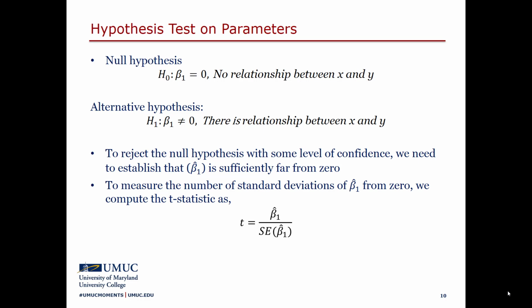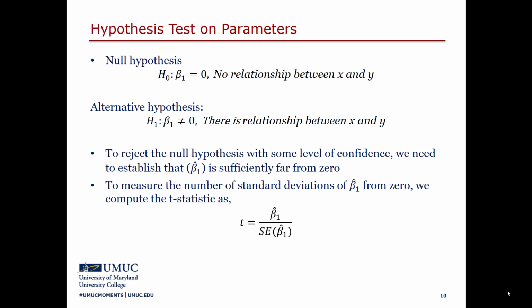So if we cannot reject the null hypothesis, that means the estimated parameters are not significant. So we have to reject the null hypothesis of no relationship between x and y. And to reject the null hypothesis, you pick a confidence level.